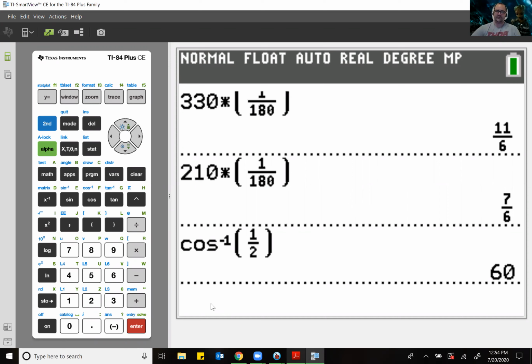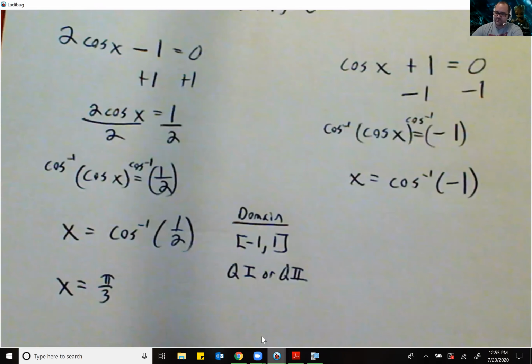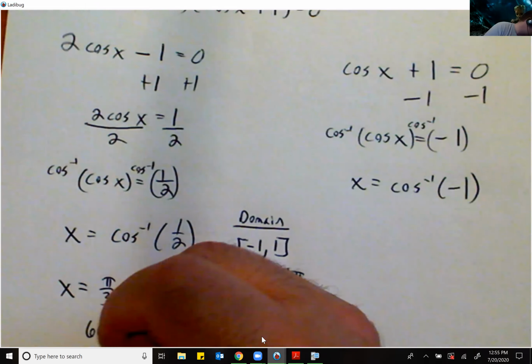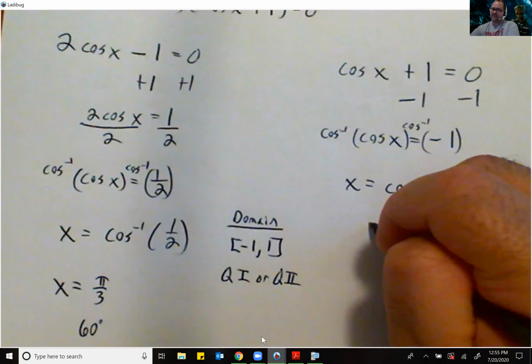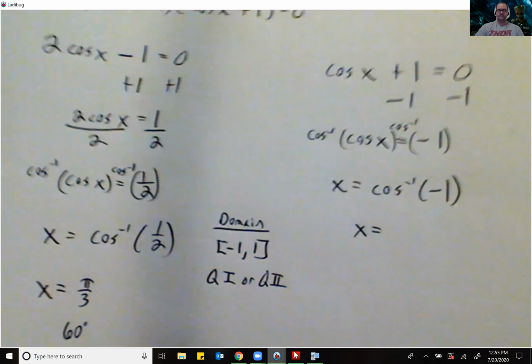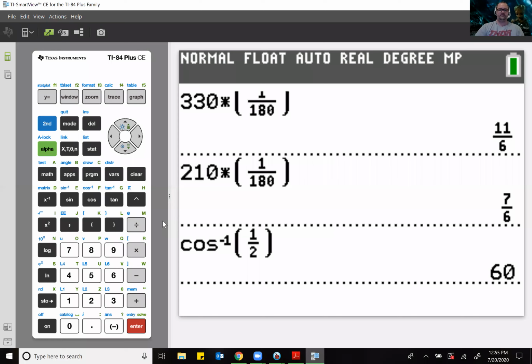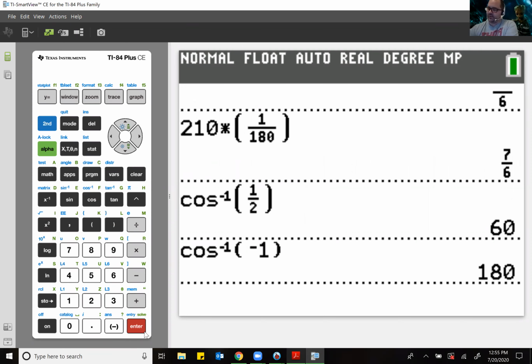Over here on the other side, because this was 60 degrees, I said pi/3, right? Yeah. Then over here, this x, if we use our calculator, second cosine -1 gives us 180 degrees, which is just pi.